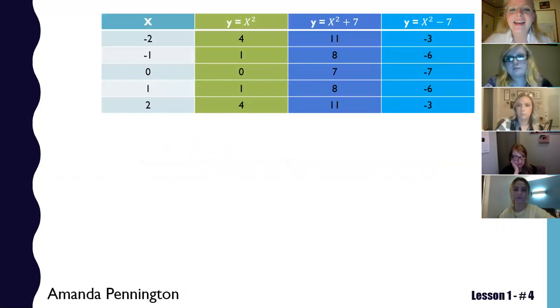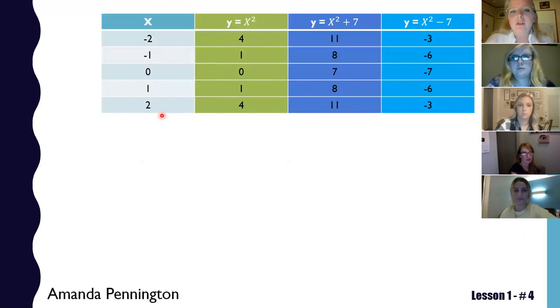All right, guys. So in this problem, we're going to be looking at x values and plugging them into the function or equation. In the first column, the green one, that's just going to say x squared. So we're going to plug in the x values we have right before that: -2, -1, 0, 1, and 2.